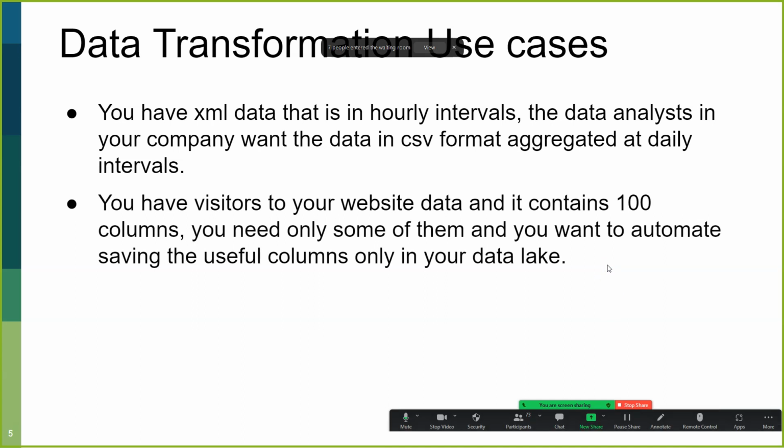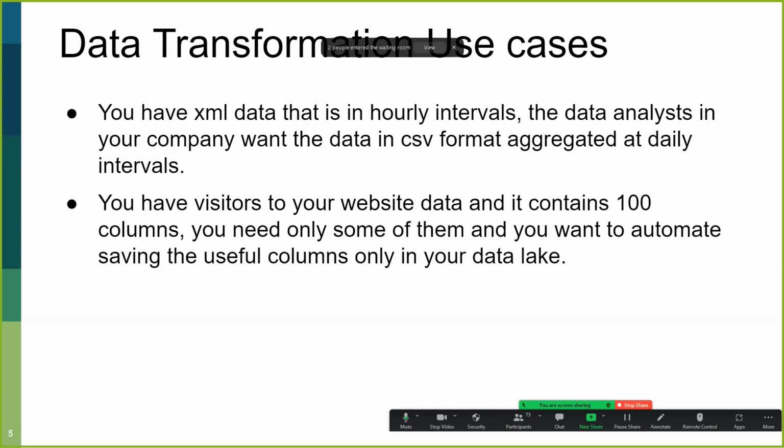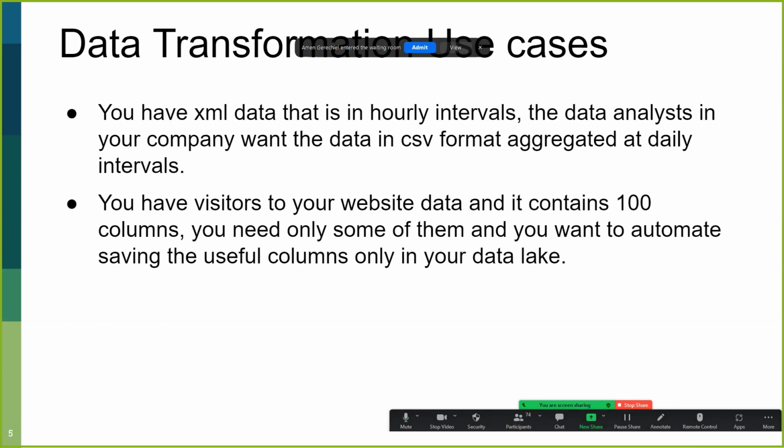The other case could be, for example, that you sell some products on Amazon or on Walmart, and they give you visitors data: information about the visitors who clicked on your products, who viewed your products, who purchased the products. Sometimes they give you hundreds of columns.